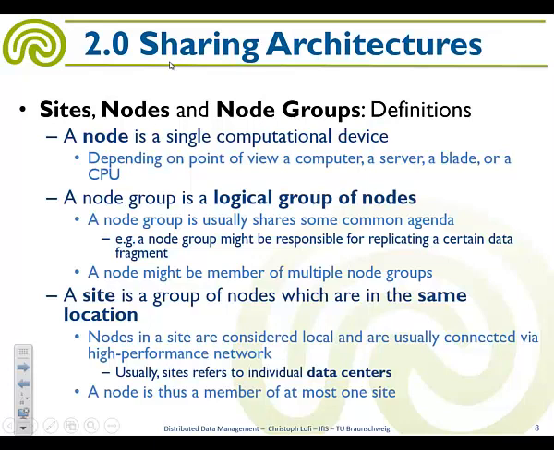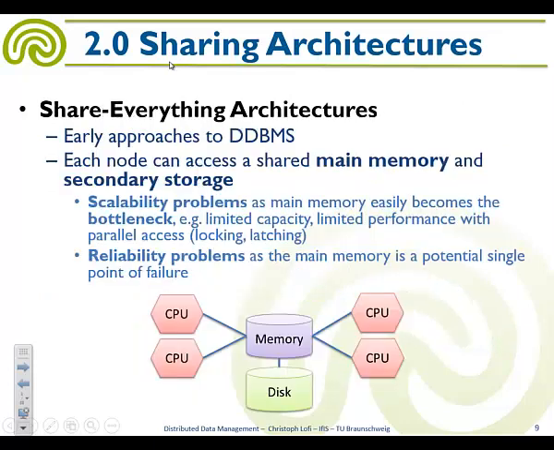But in order to be resistant to failure, Amazon, for example, distributes these things over multiple sites. So then you have a node group spanning multiple sites. You could also define it differently and say, okay, a node group is everything which is in a single rack. So it depends on how you look at things. Anyway, we have these three words, node, node group, site, which can mean different things depending on the context. So always be a little bit careful there about what's meant.